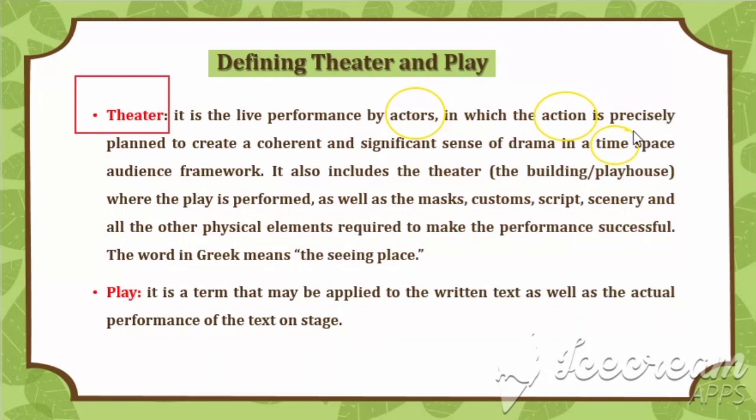They have a certain space, okay, which is the stage to perform the action. They have the audience which actually sees the action, and we have the framework, which means we have a script. We have directions that the actors must follow in order to perform their acts or their play.